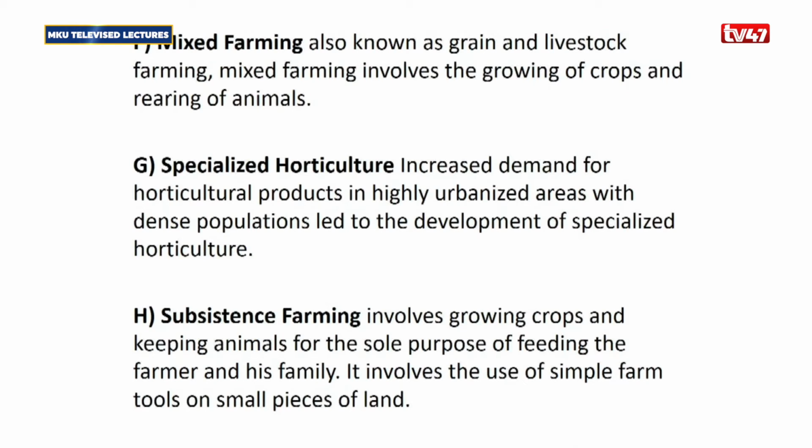We also have mixed farming, which is known as grain and livestock farming, where you combine crops and animals on the same piece of land. Then there is specialized horticulture, which is the growing of particular types of flowers or fruits and vegetables.